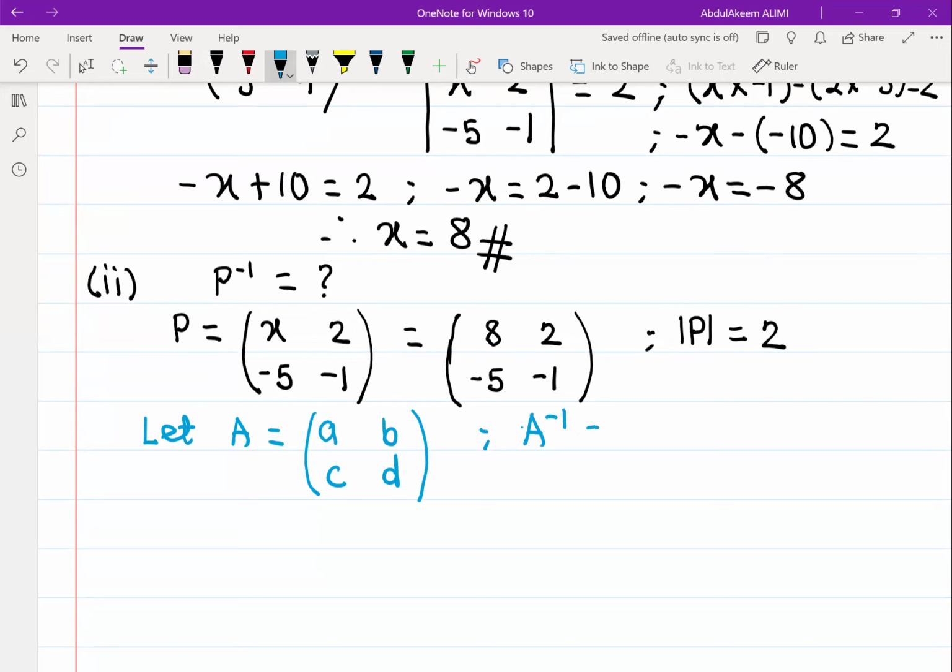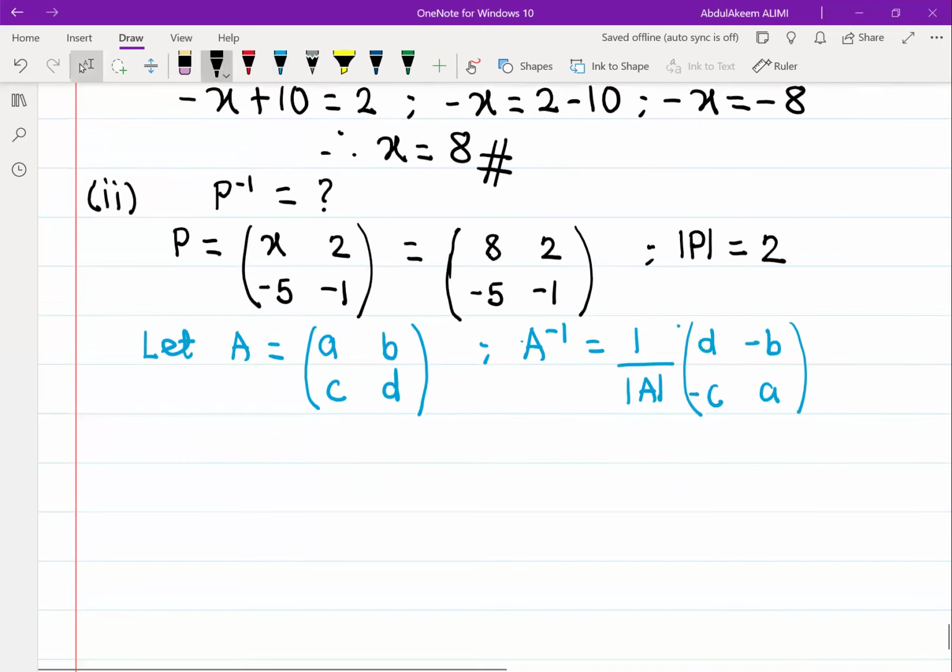My A inverse will become 1 over the determinant of A, and the diagonal A and D will swap, D and A, while the other diagonal will be multiplied by minus 1. That's how we do it for a 2 by 2 matrix.